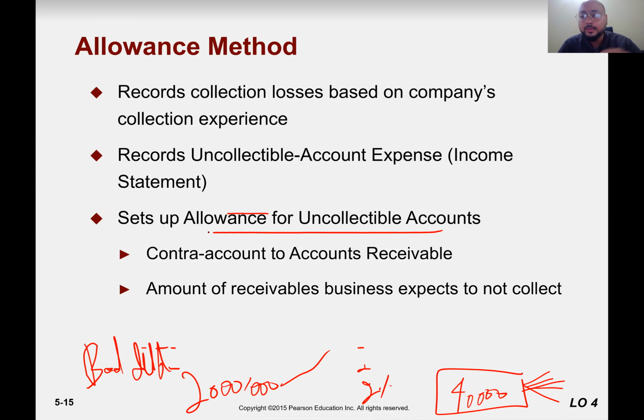In some books you find the word reserve instead of allowance. In some books you find uncollectible called bad debts, DEBT, bad debts, right? Customers are bad, they don't pay their debts, so we call this an uncollectible account or bad debts.